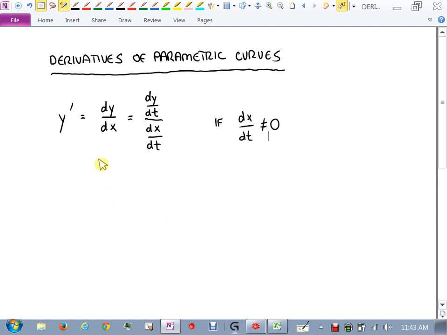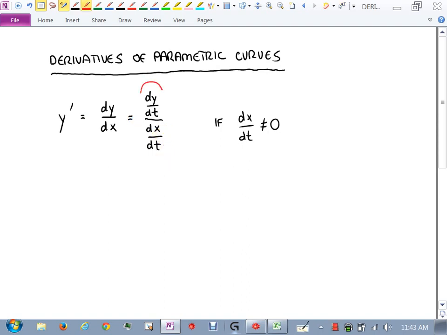But the reason I've written it this way is because we know with the parametric curve that y is a function of t. So I can take the derivative of y with respect to t, and if x is a function of t, I can take the derivative of x with respect to t.